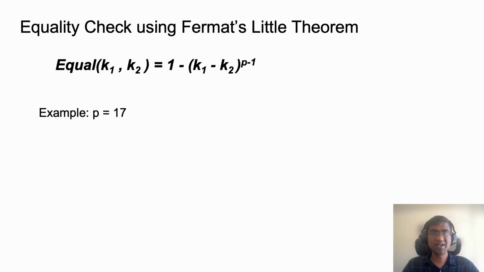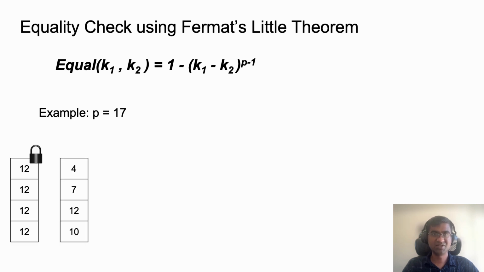Let us go through a quick example on the equality check operator. Suppose the server has a set of 4 keys and the client is interested in the key 12, which is encrypted. The server can perform oblivious equality check following 3 homomorphic steps.